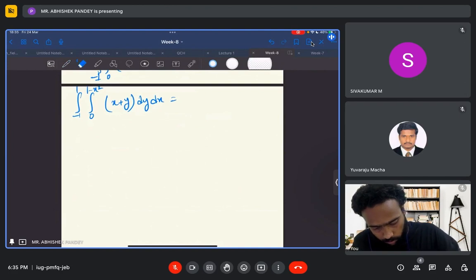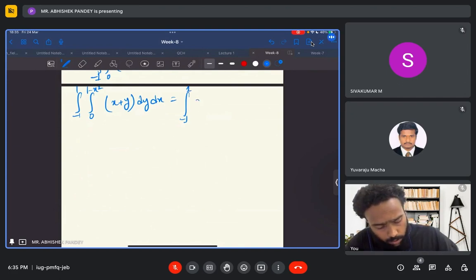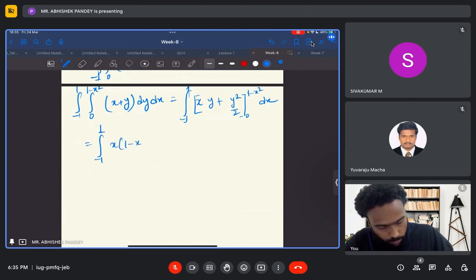Let me see, because options are there. So minus 1 to 1. First we integrate: this is x y plus y square by 2, from 0 to 1 minus x square, dx. So minus 1 to 1, this will be x into (1 minus x square) plus (1 minus x square) whole square by 2, dx.